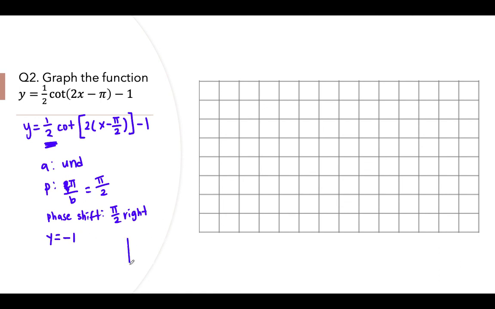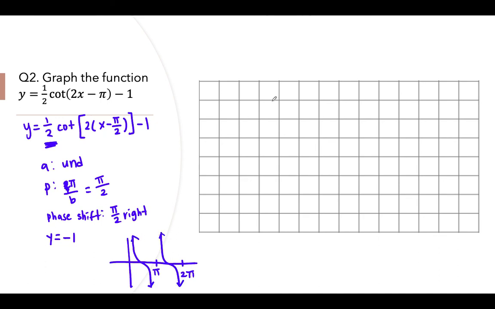Now keep in mind, you do have to remember how the cotangent is supposed to look like. So there is an asymptote at every pi and 2 pi and at 0, so it's going to look something like this. This one and this one.